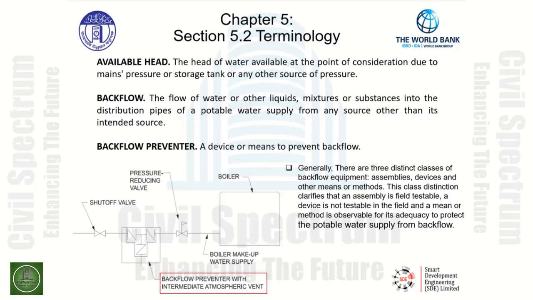We need to avoid any other fluids, mixtures, other than potable water, gaining access into the piping system. That's why we have backflow preventers. And by definition, a backflow preventer is a device or means to prevent backflow.